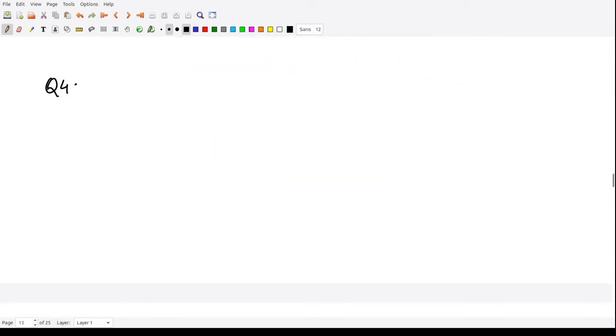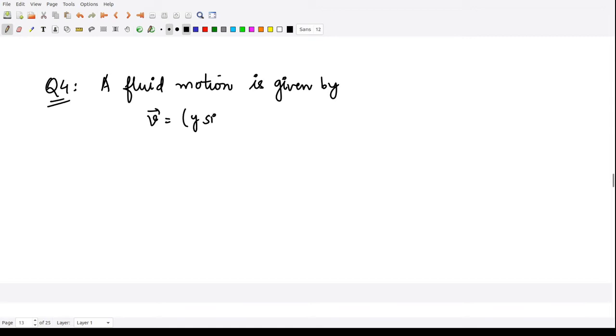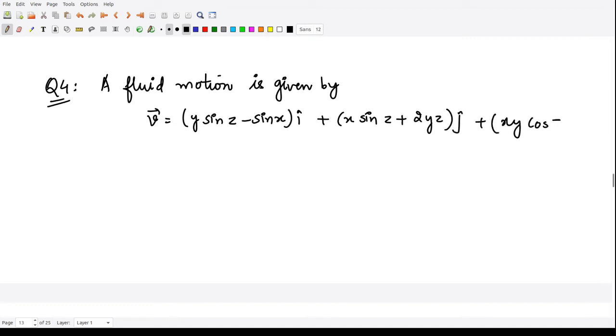So the next, fourth question here: a fluid motion is given by the velocity of the fluid, that is given to be (y sin z − sin x) i cap plus (x sin z + 2yz) j cap plus (xy cos z + y²) k cap.